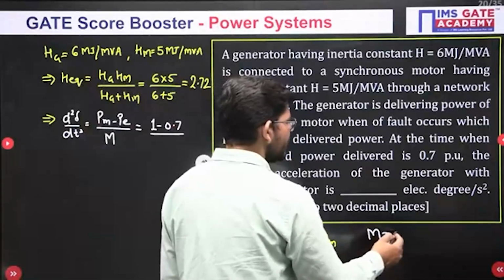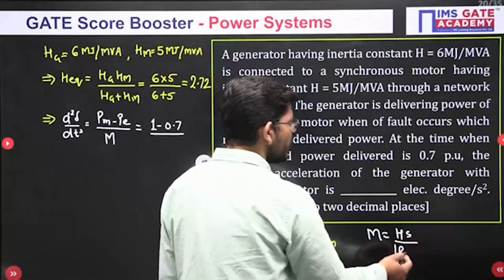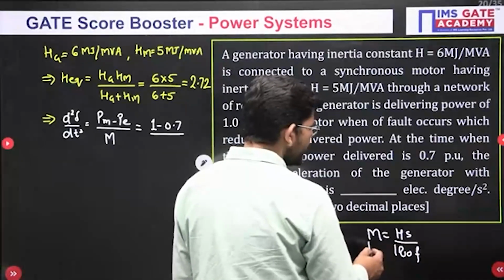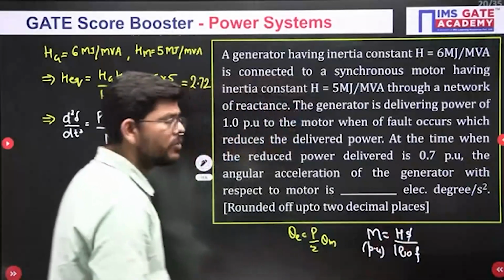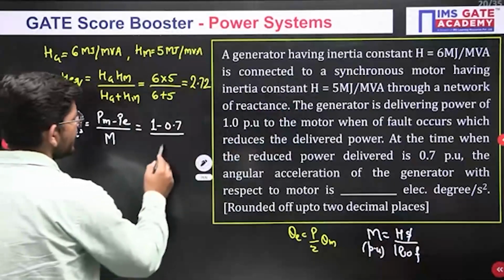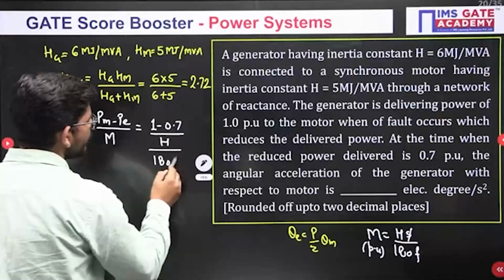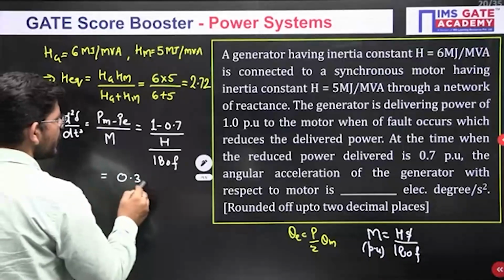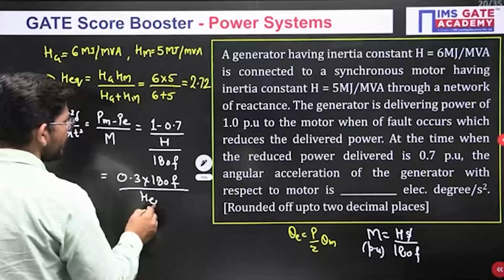And we have to answer in electrical degrees, so M is H into S upon 180 F. If we are writing in per unit, then this S will not be there. So what we will be writing here is H upon 180 into F. So it will be 0.3 into 180 F upon H equivalent.